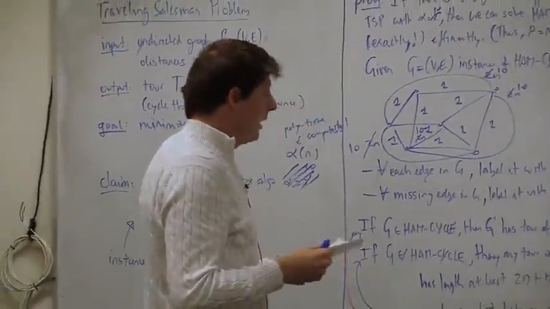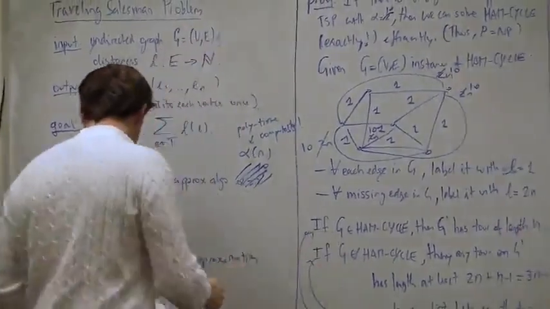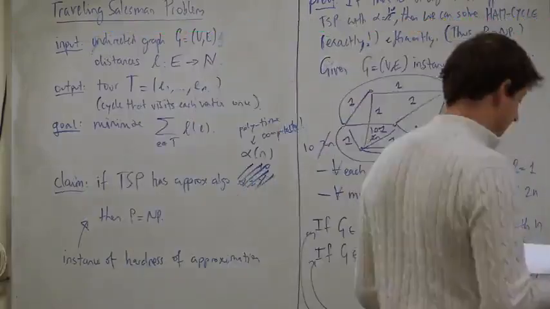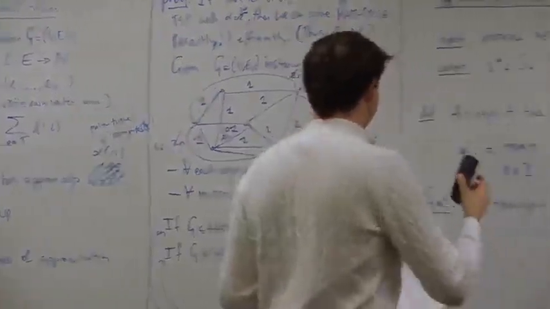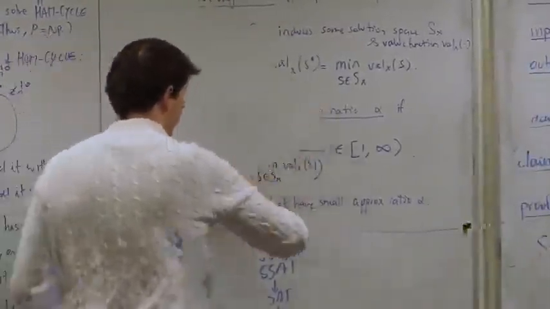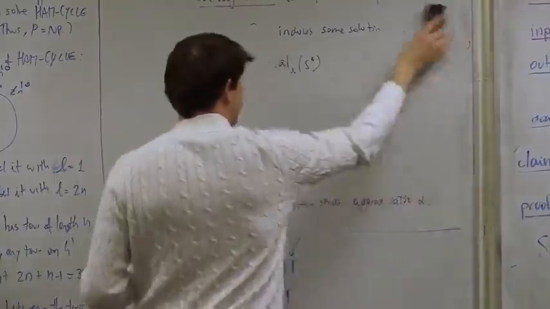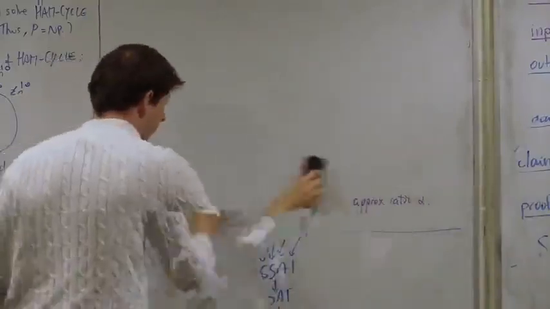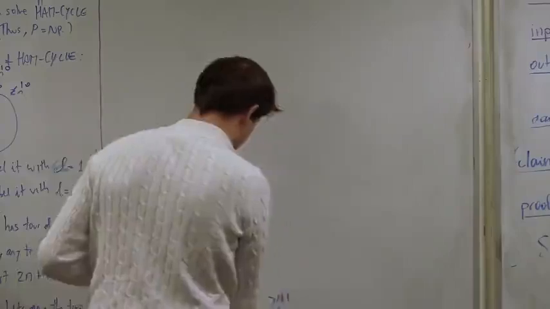Now, sometimes you may not even be able to come up with approximation algorithms, and I'll just briefly talk a little bit about a heuristic approach. This is something that you may be very familiar with from other courses, especially ones that have to do with continuous optimization.